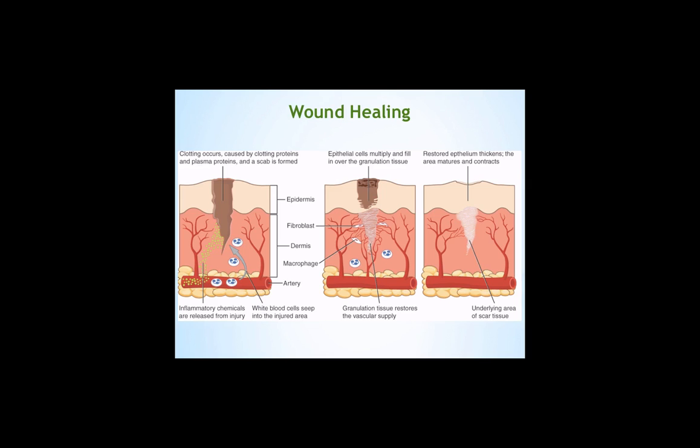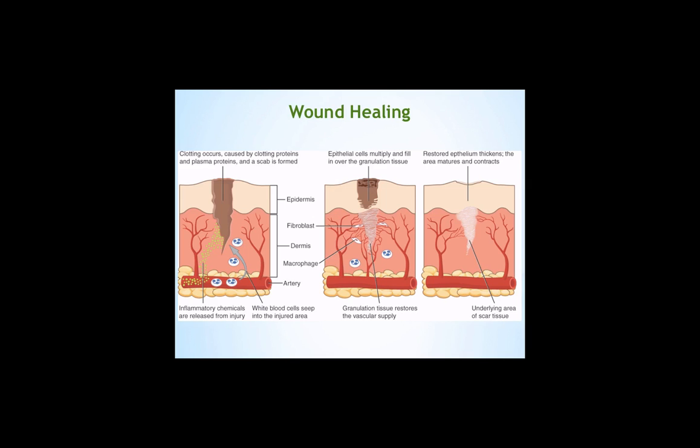And in the next center image, you can see you've got one of those, a macrophage, which is developed. This is clean-up cells. They clean up dead tissue. And then you've got neutrophils and lymphocytes, which engulf bacteria.